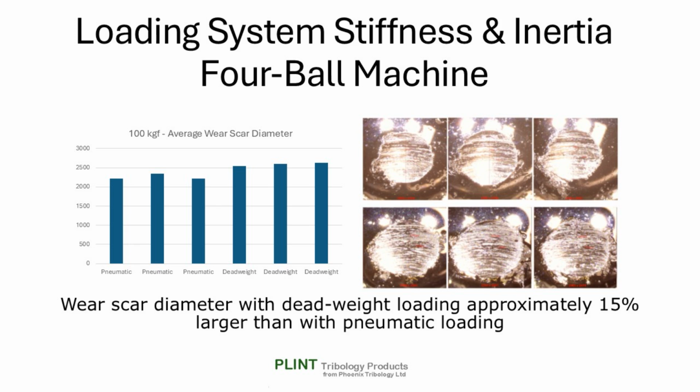Multiple tests were run at different loads, establishing that, on average, at nominally identical loads, the wear scar diameter with deadweight loading was approximately 15% larger than with pneumatic loading. This is an example of how the higher stiffness and inertia of the loading system gives rise to higher wear rates.